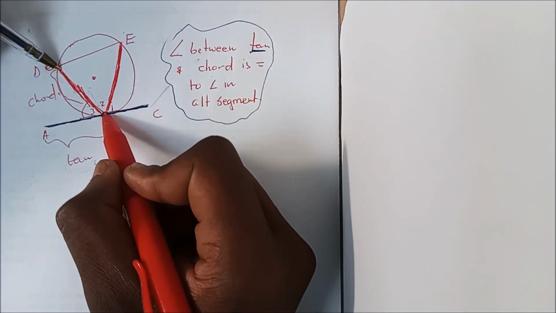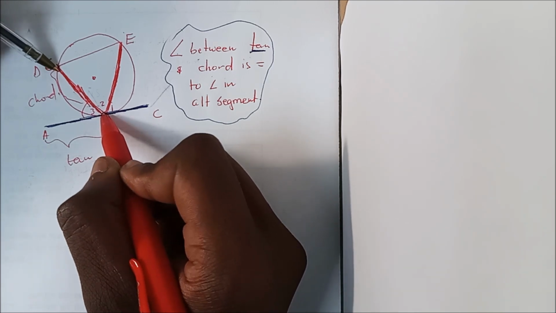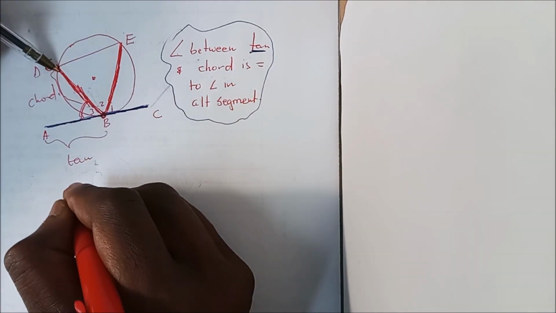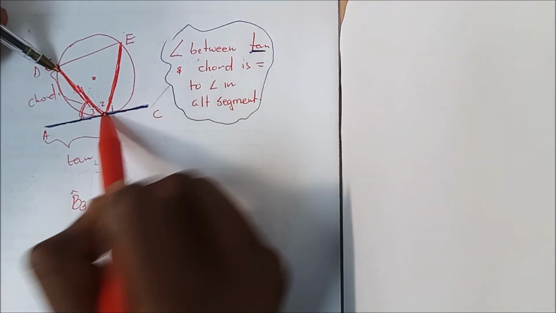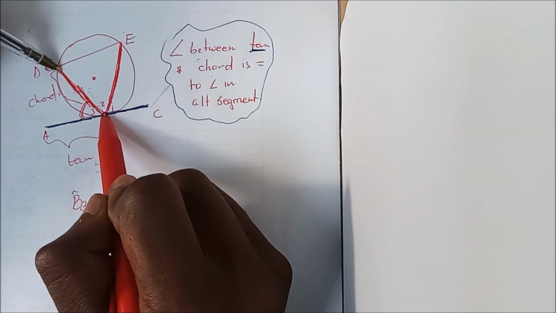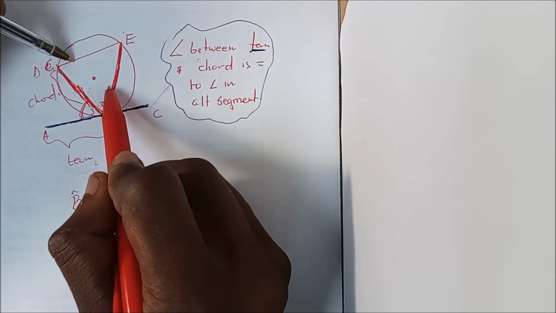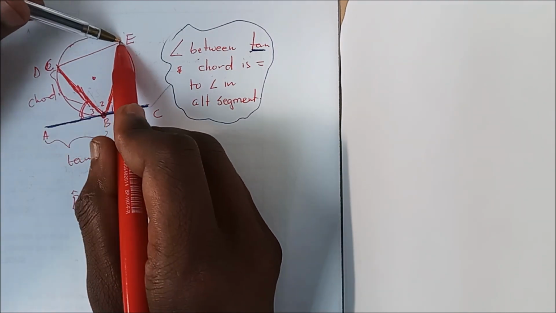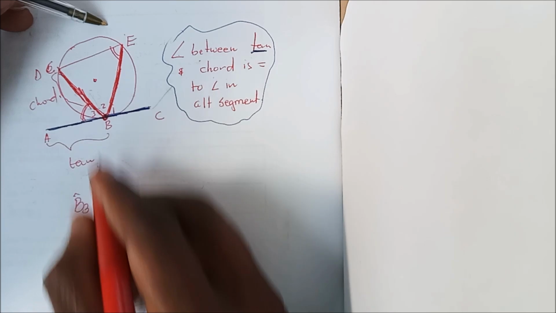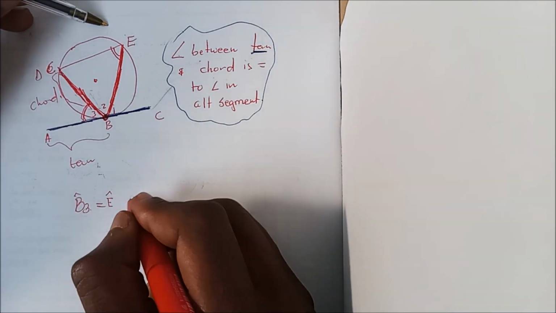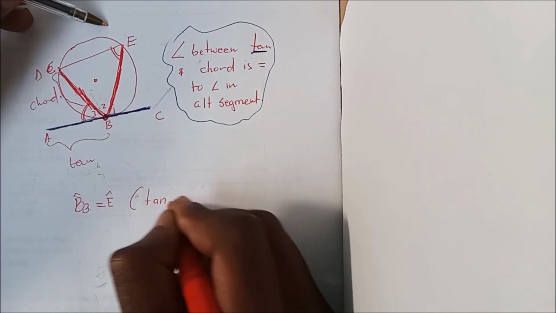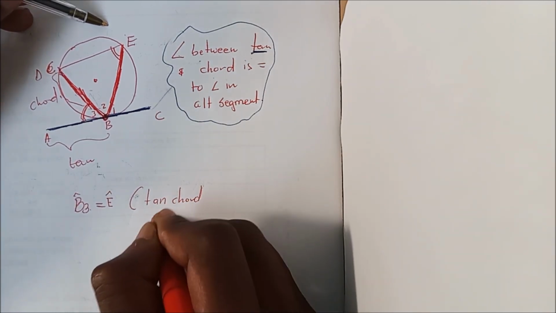What is the angle that is behind that chord? It is B3. So we can say B3 equals. Now we move. What is the direction of the pens? They are moving towards E. So that means B3 equals angle E. What will be your reason? The reason will be tan chord theorem.